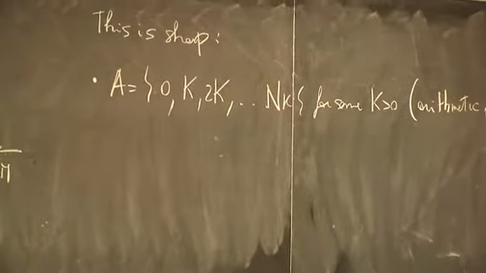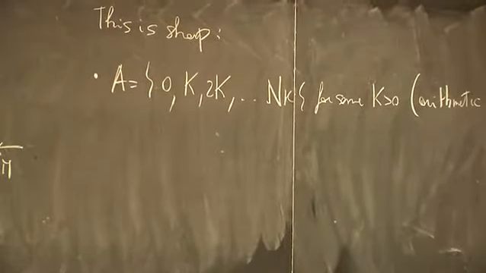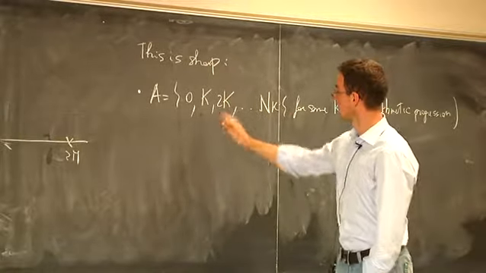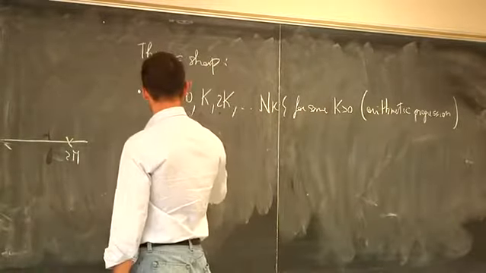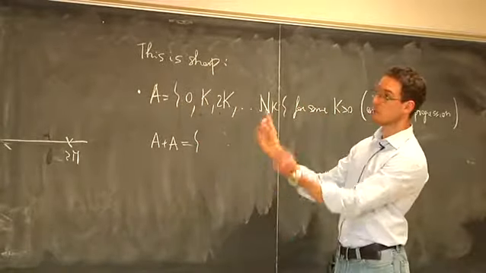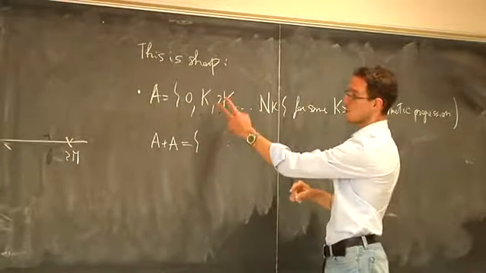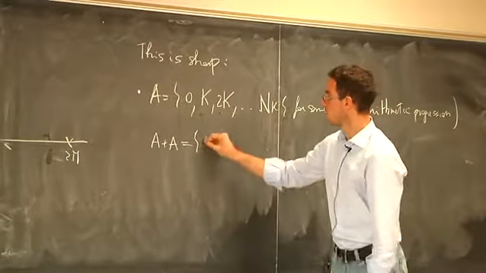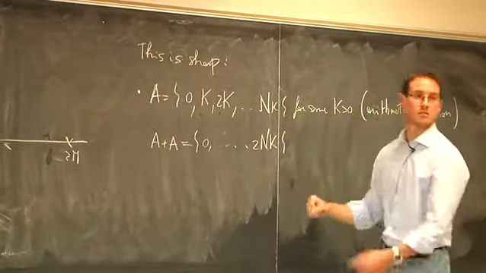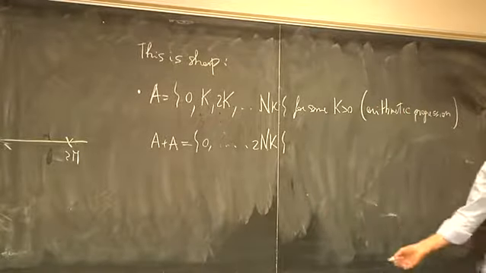You just take the multiples of the same number k. Well, then you can easily see that A plus A, when you start to do sums of elements like this, you're always going to get multiples of k, and you go all the way from 0 until 2Nk when you do all the possible sums.